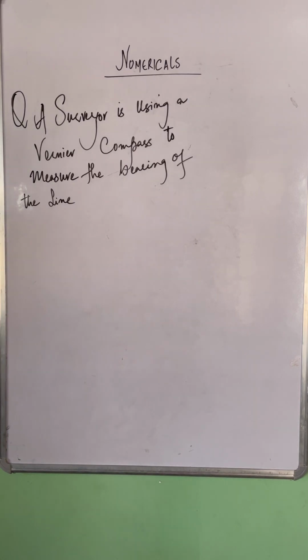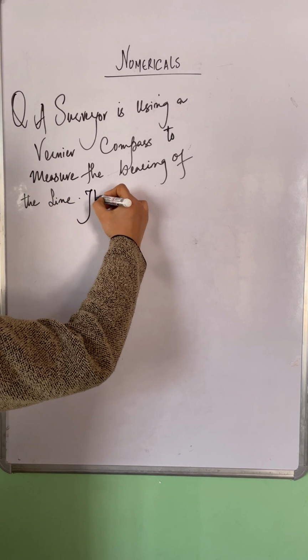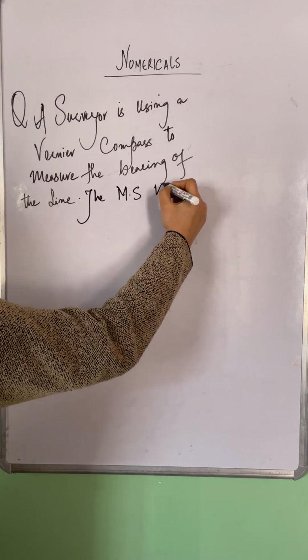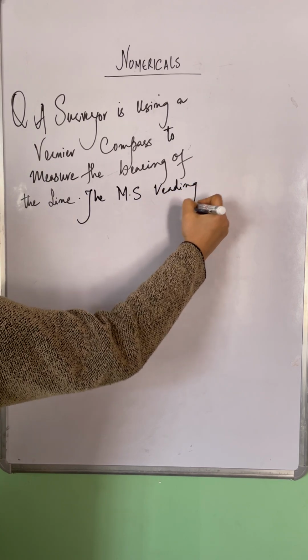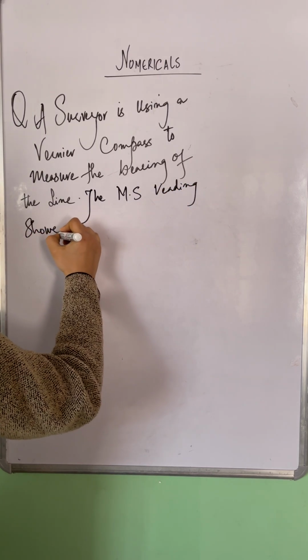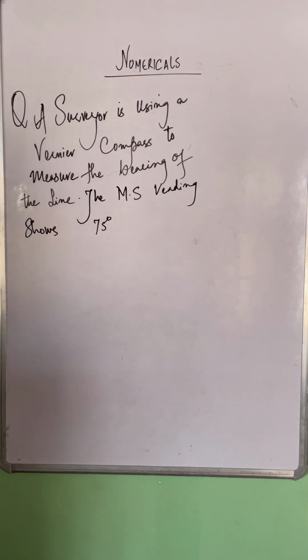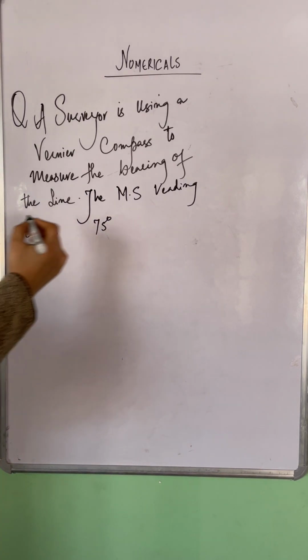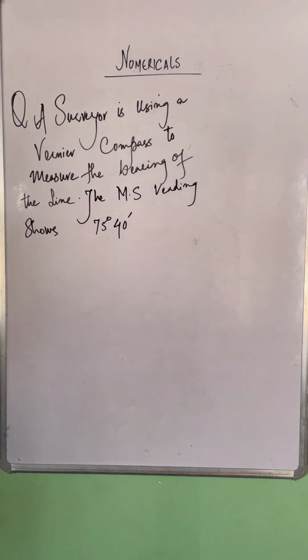The reading shows 75 degrees and 40 minutes, and the vernier scale reading corresponds to the 6th division.